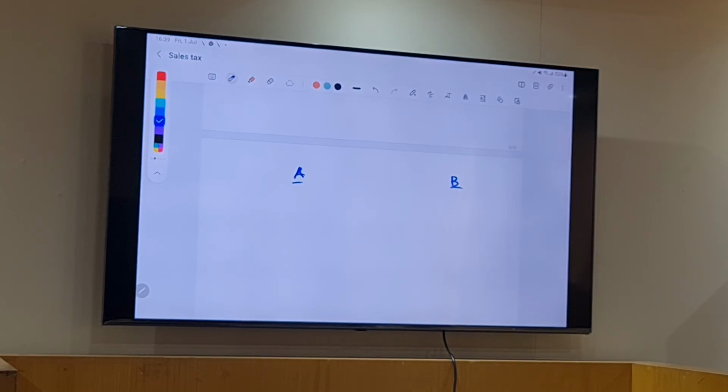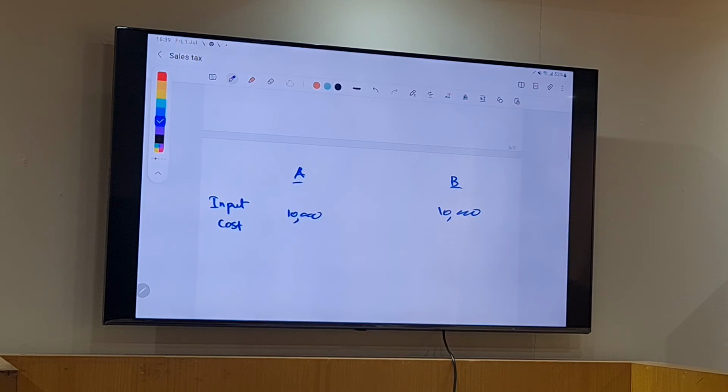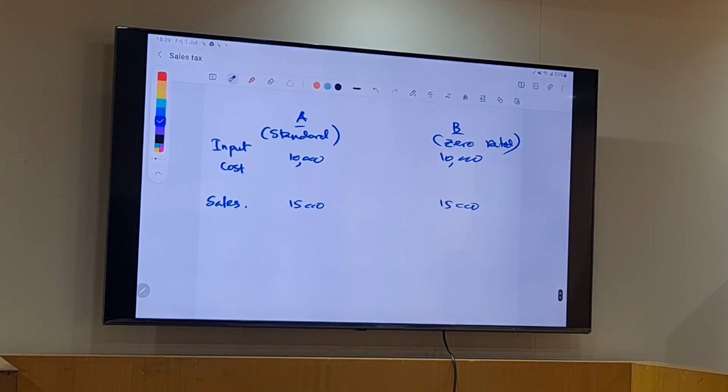In situation A, his input cost is 10,000 and the sales value is 15,000. Let's say the sales tax is 10% to make our life easy. This percentage is what the department gives, so I'm just giving an example.